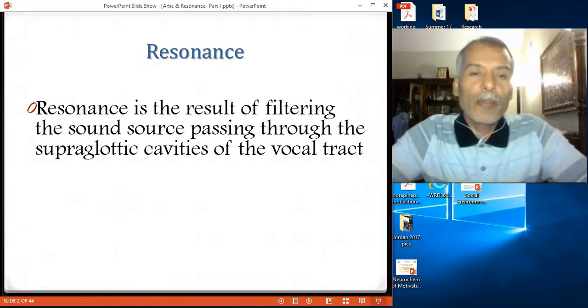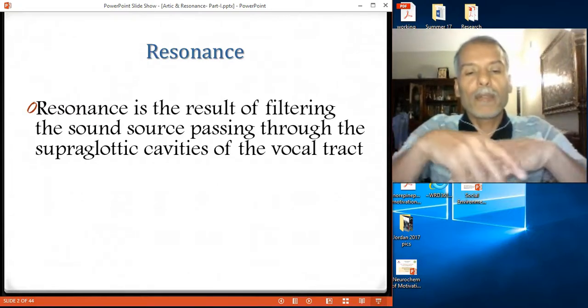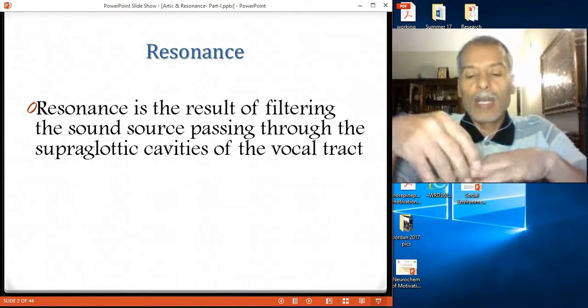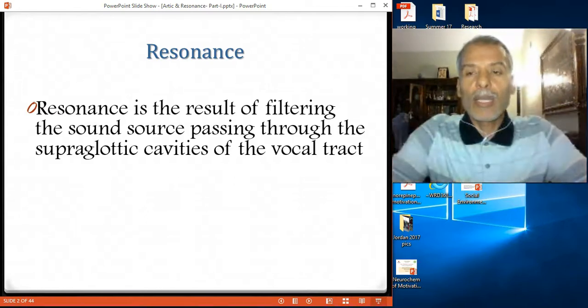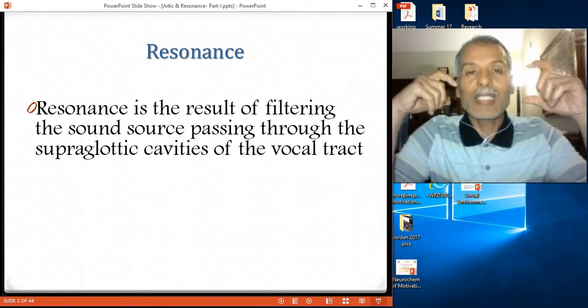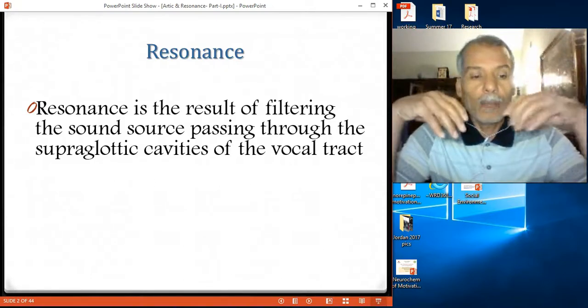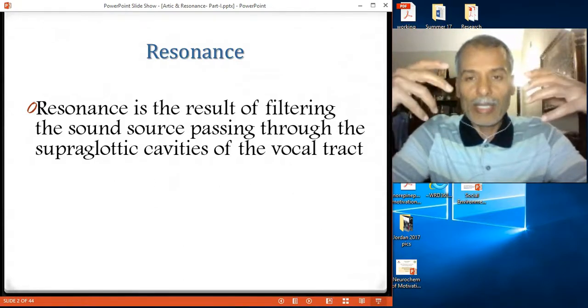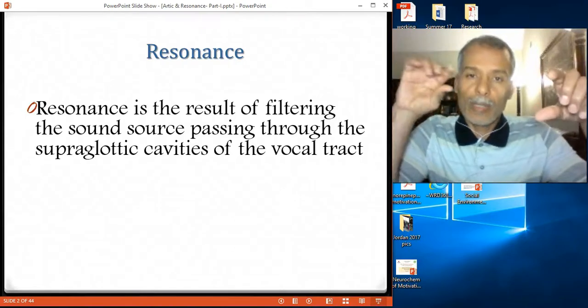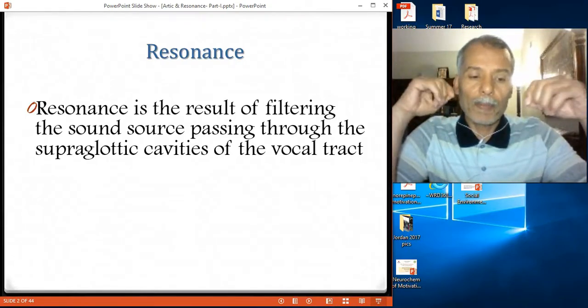So first, let me remind you that we have two definitions for resonance. One that has to do with general resonance of an air-filled container as it resonates to a sound that is played in it.